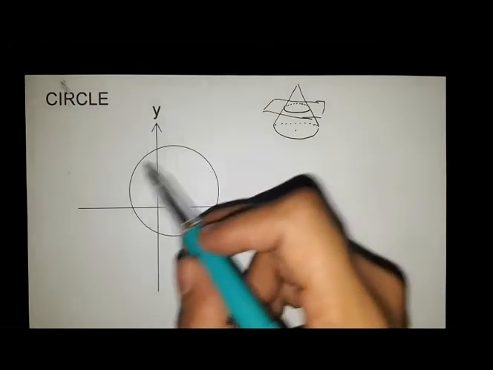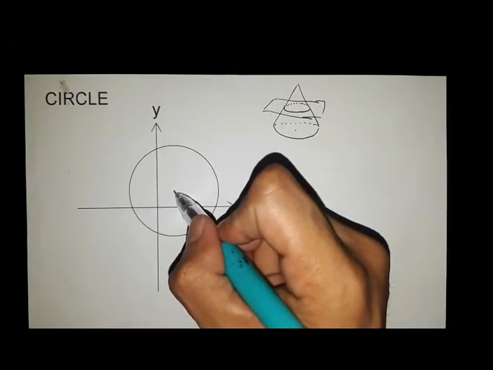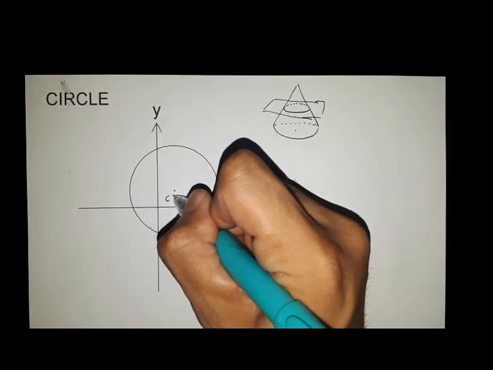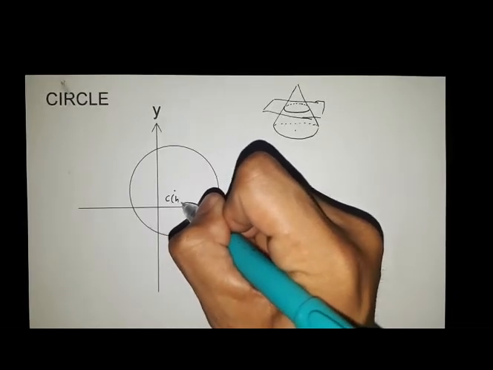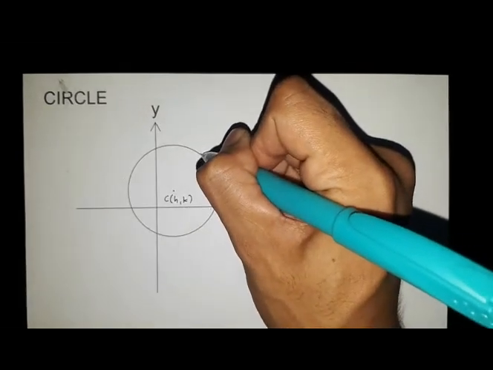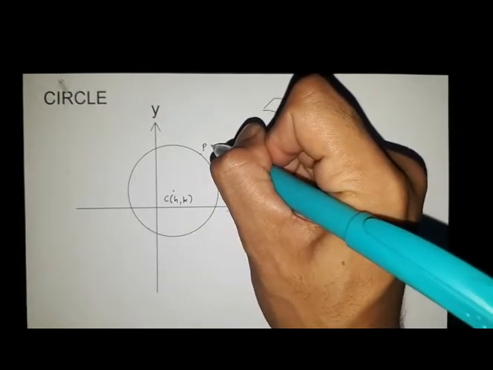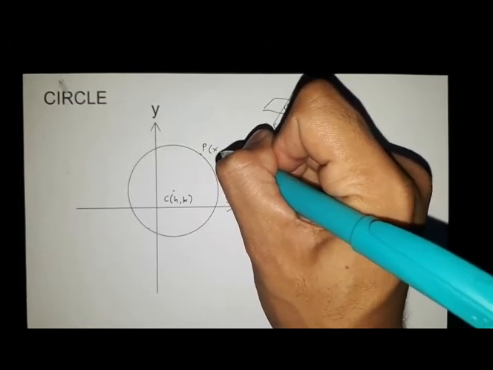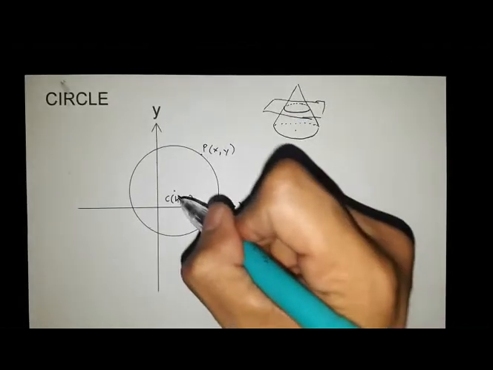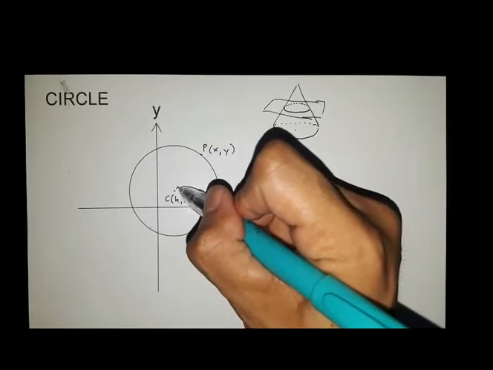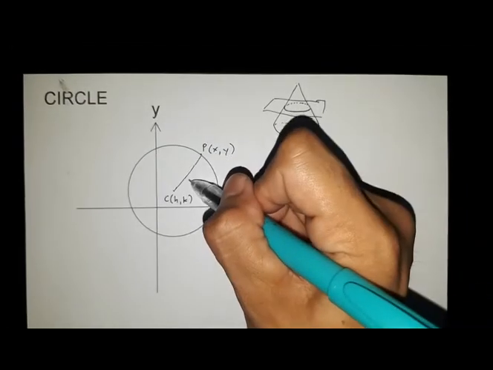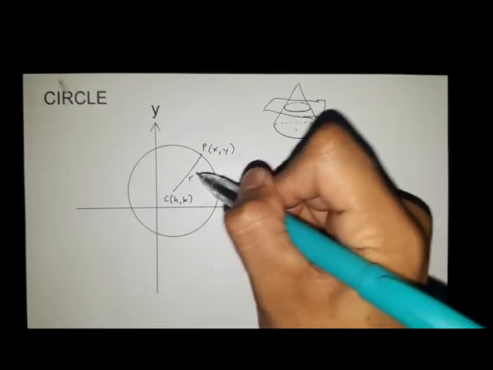So if we have a circle here with center having coordinate (h, k) and a point P having a coordinate (x, y), this distance, line PC, is called the radius of the circle, or r.